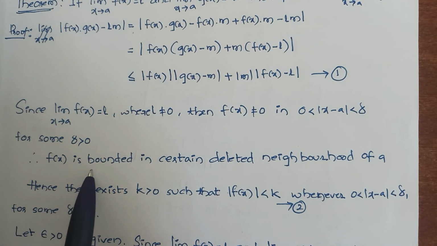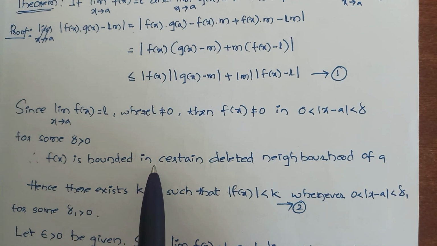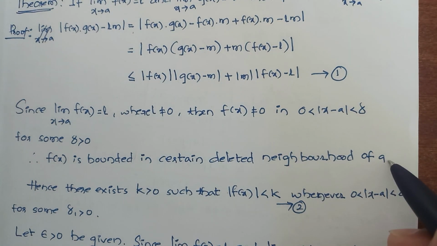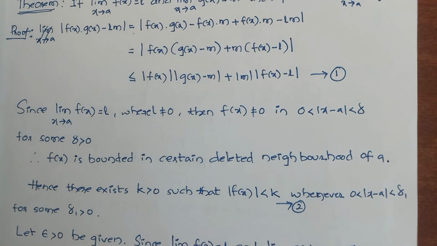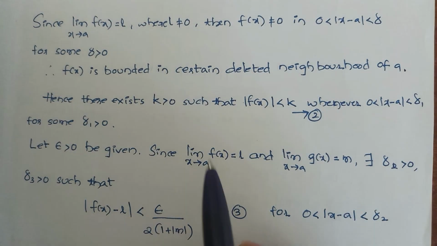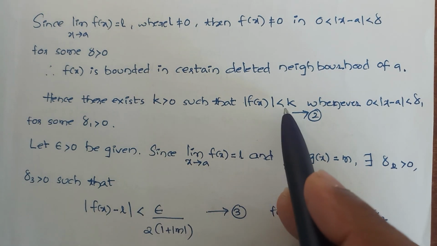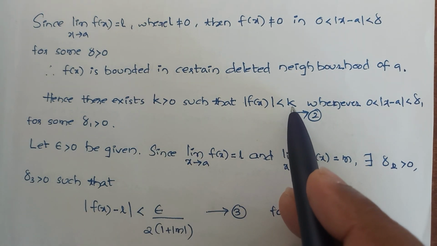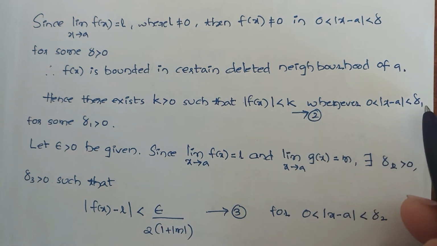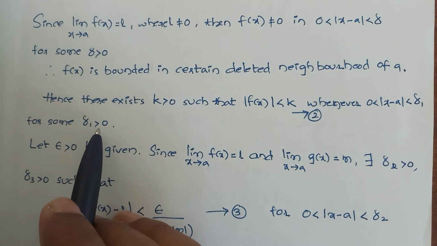Therefore f(x) is bounded in a certain deleted neighborhood of a. Hence there exists k greater than 0 such that modulus of f(x) is less than k whenever 0 is less than modulus of x minus a is less than delta 1, for some delta 1 greater than 0.